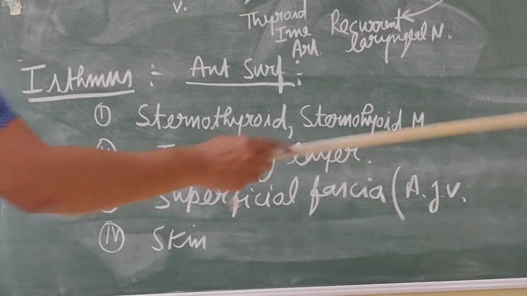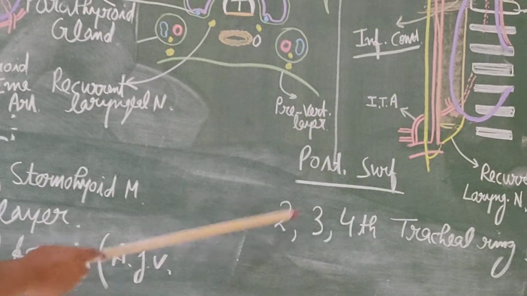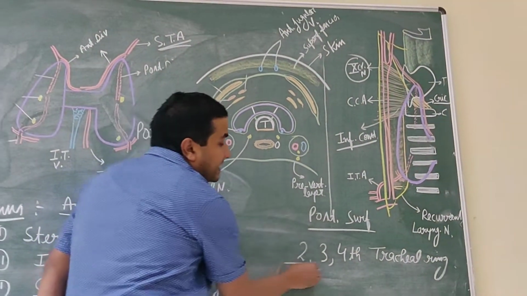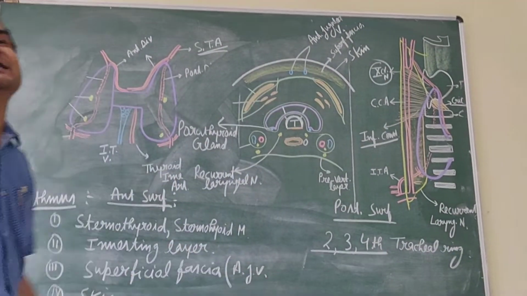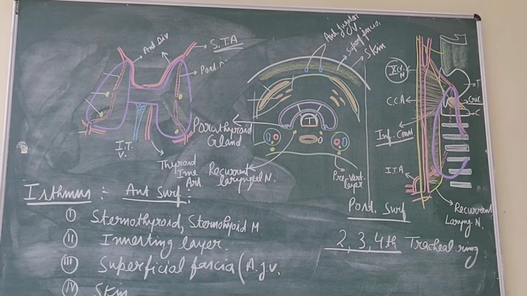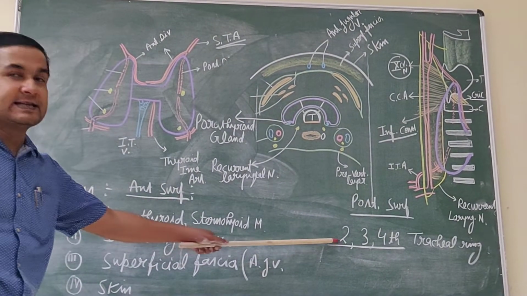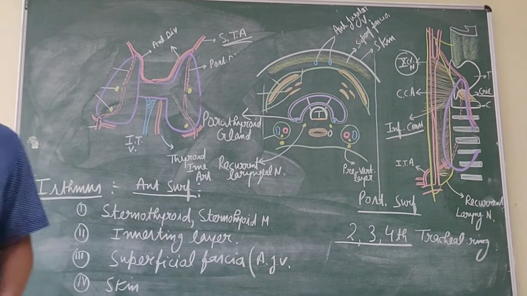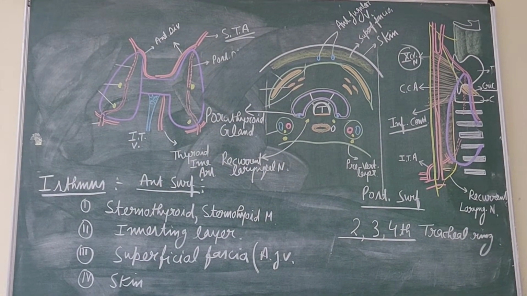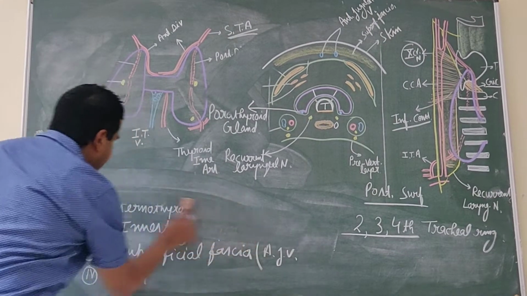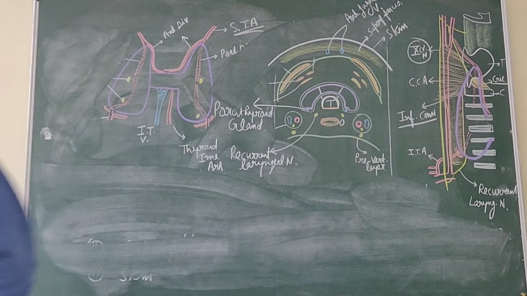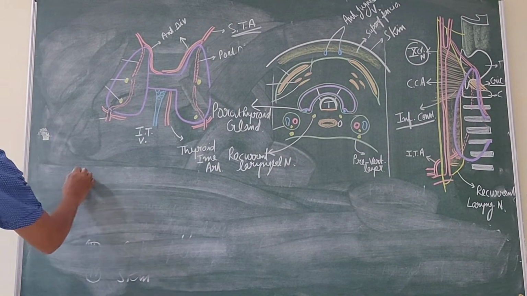Now the posterior relations. This isthmus lies opposite the second, third and fourth tracheal rings. Now this isthmus has two borders, the superior border and the inferior border.